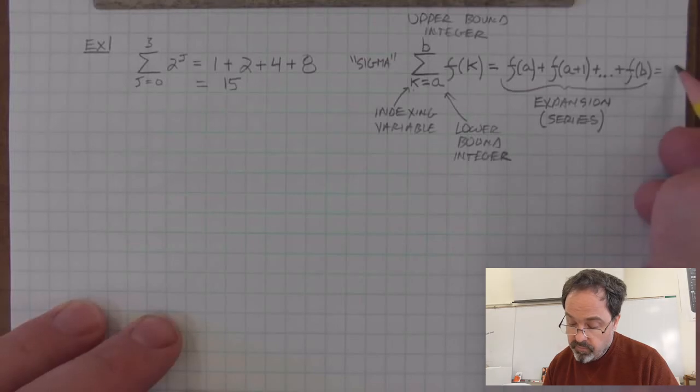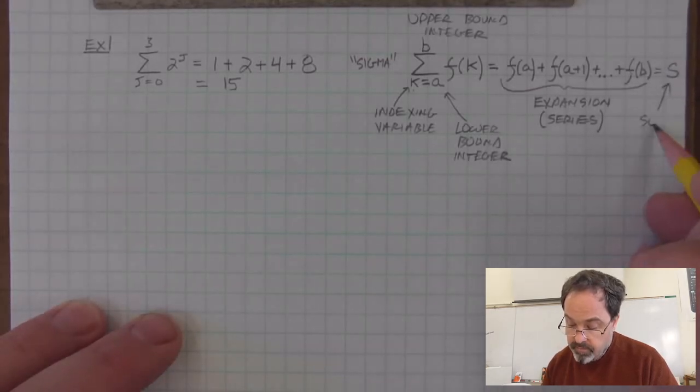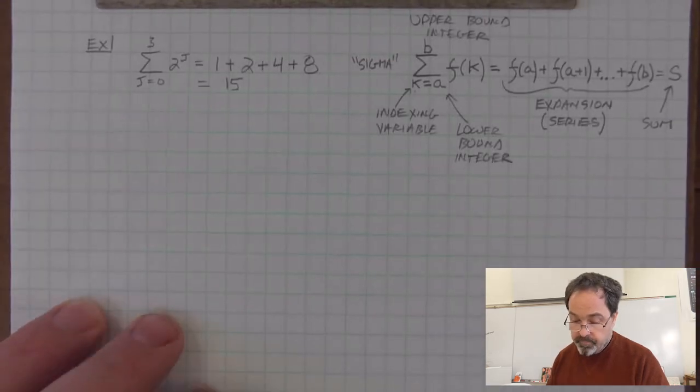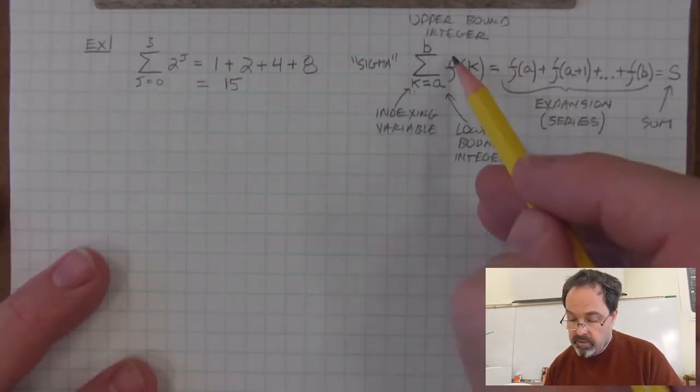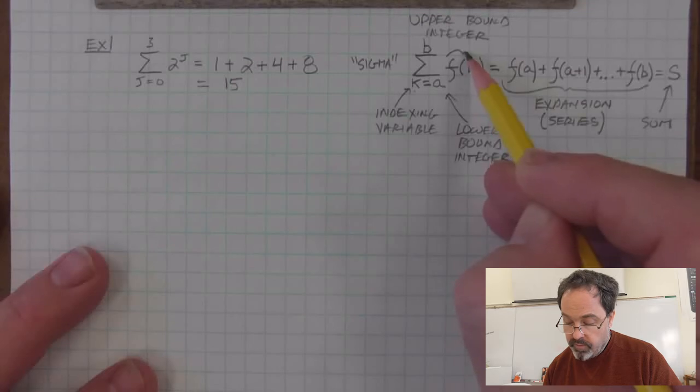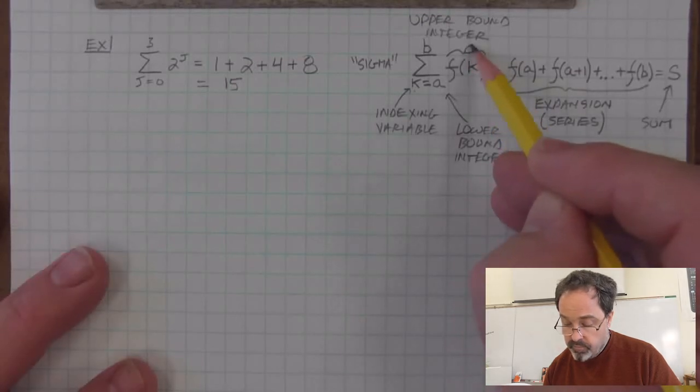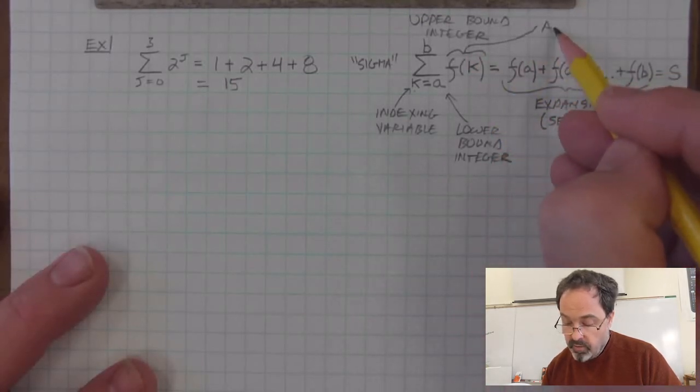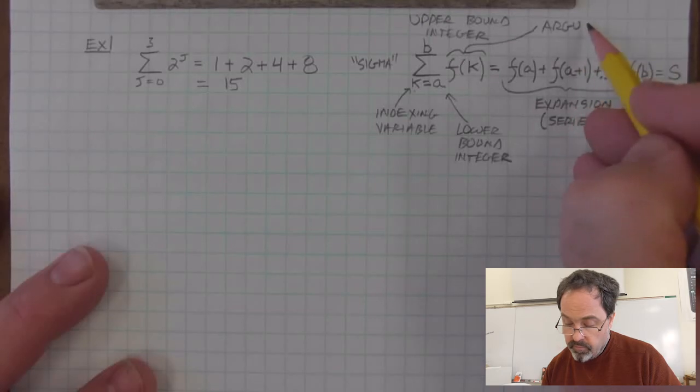When we do, it produces a sum that we can symbolize simply by a capital S, called sum. The equation that we use to produce the terms is called the argument of the sigma.